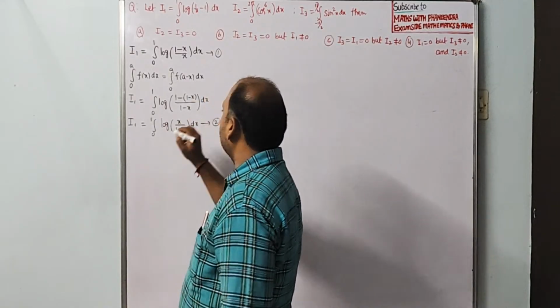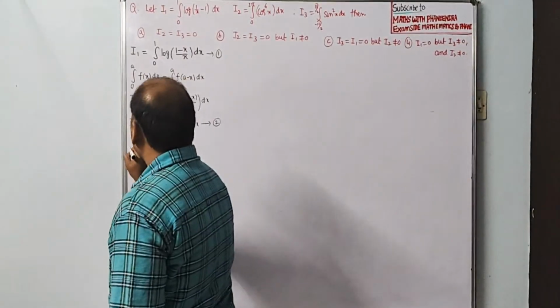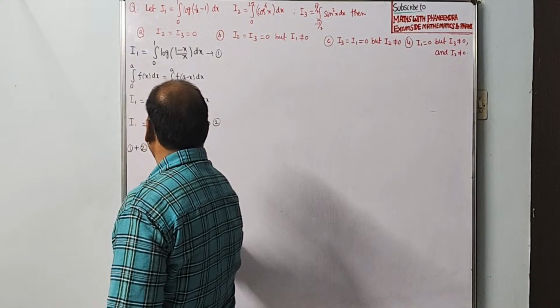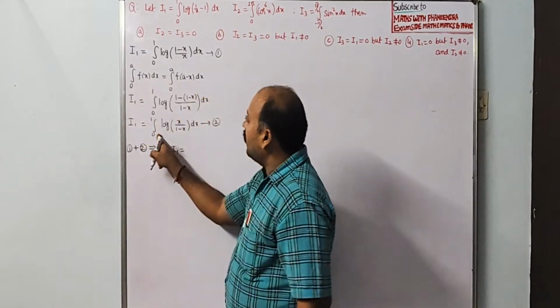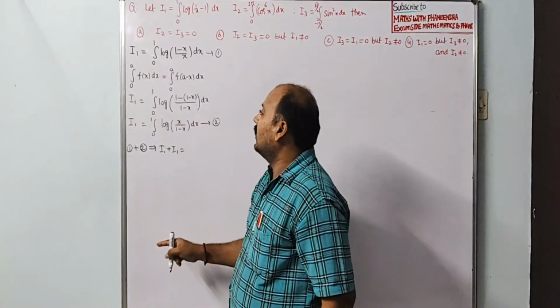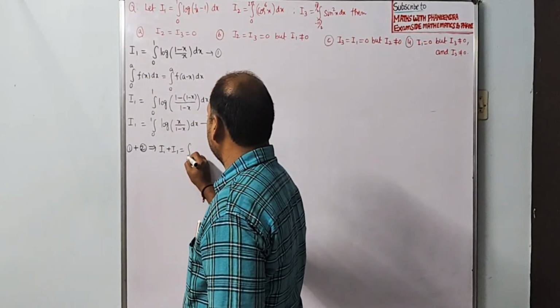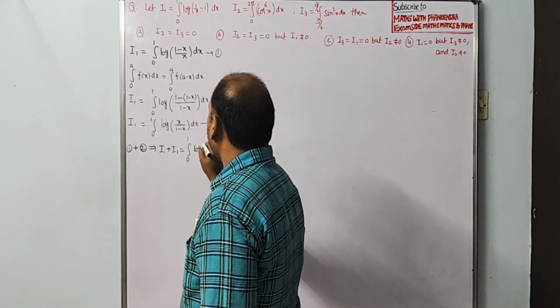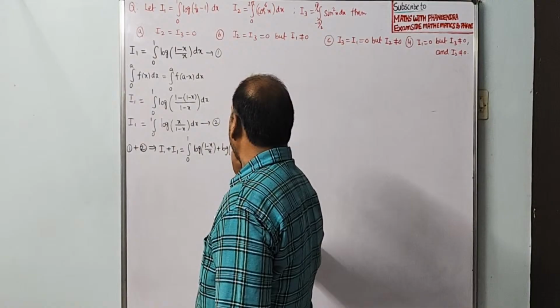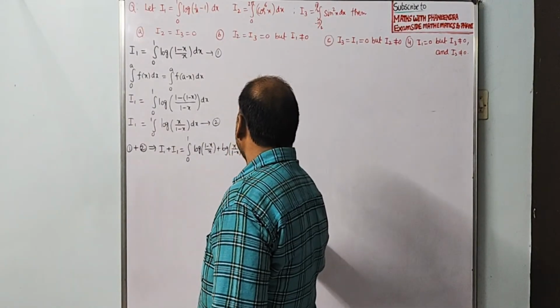Now adding 1 and 2 equations, then I1 plus I1 is equal to, both limits are same, upper limit and lower limit. So integral 0 to 1 log of 1 minus x by x plus log of x by 1 minus x into dx.